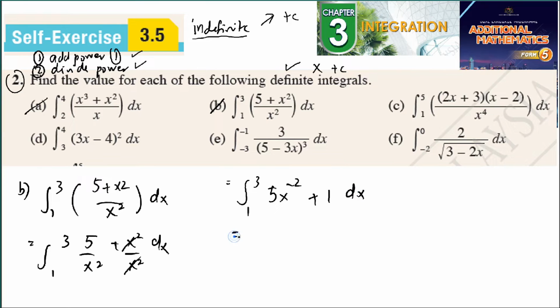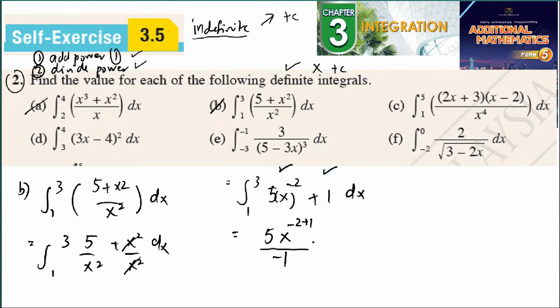Now we can integrate. To integrate, you add the power with 1. So you put the constant first, and then for x, you add 1 to the power. So negative 2 would be negative 2 plus 1, divided with the new power. Negative 2 plus 1 is negative 1, right? Okay, done with the first one.